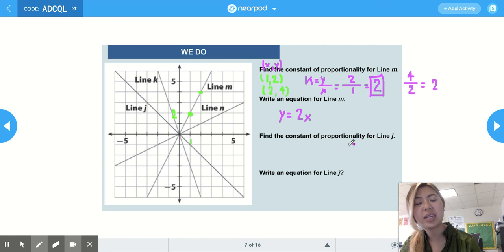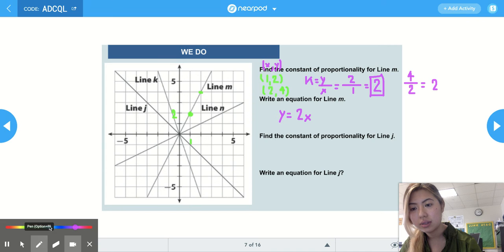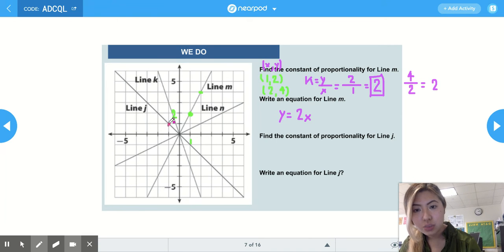Now we have to find the constant of proportionality for line J, so it's this line right here. And so I'm going to choose 2 points again. So this first point is -1, 1. The second point is -2, 2.